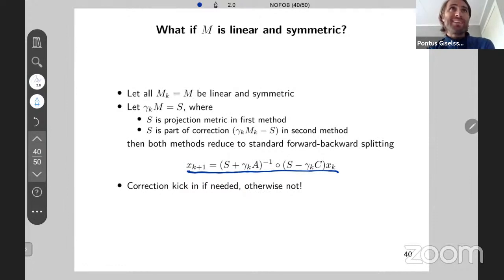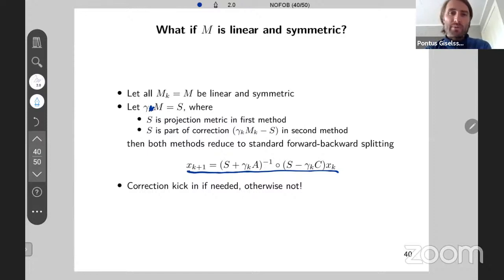So this means that if the metric that we choose is linear and symmetric, then we can choose the S in such a way, okay, this will also have to be iteration independent, so that we actually get back to forward-backward splitting. So essentially what we can see from that is that in these algorithms the correction only kicks in if it's needed.